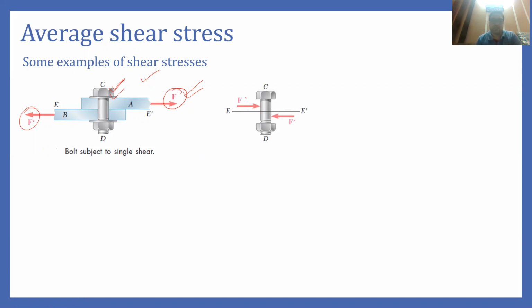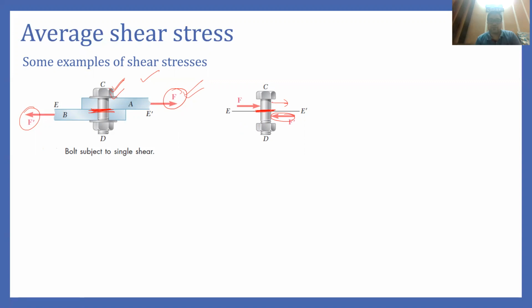So here you can see, at this section, this bolt will be breaking. Half of the portion is trying to slide left to right, and the other half of this bolt is trying to slide right to left. So ultimately it will break at section EE.